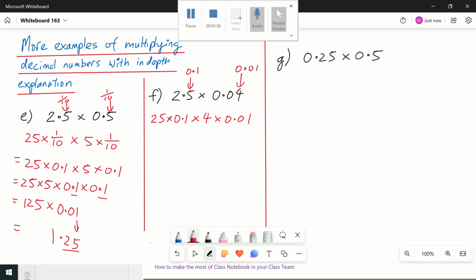So again, we put our two whole numbers together. That is 25 times 4. And then we put our decimal numbers together. That's 0.1 times 0.01.